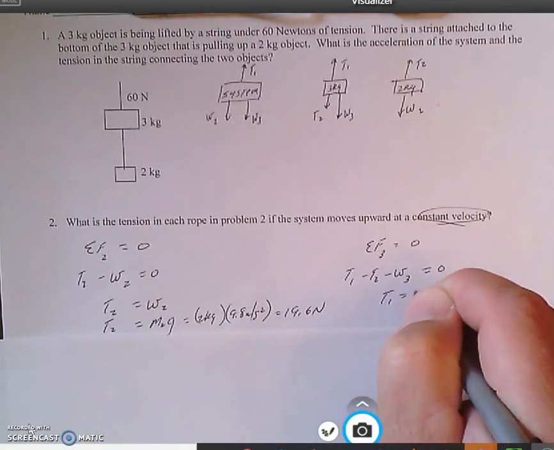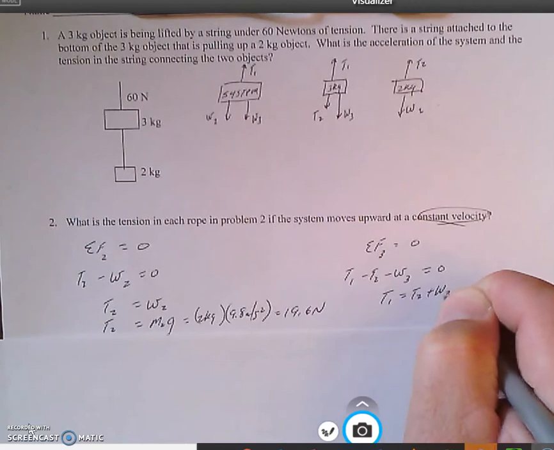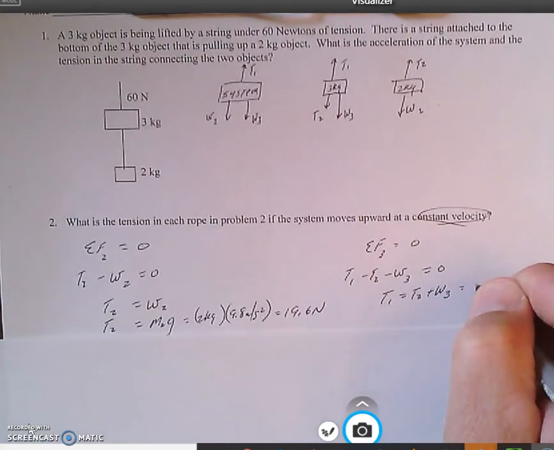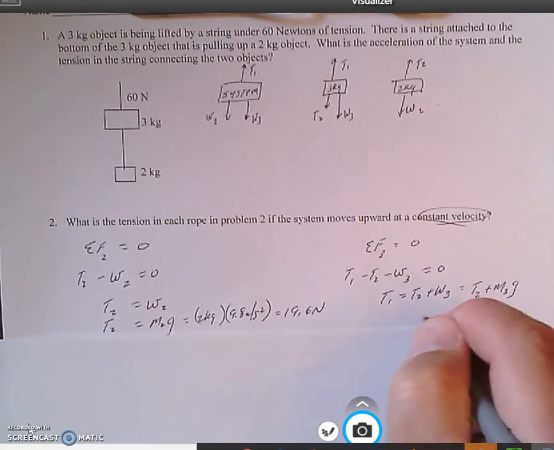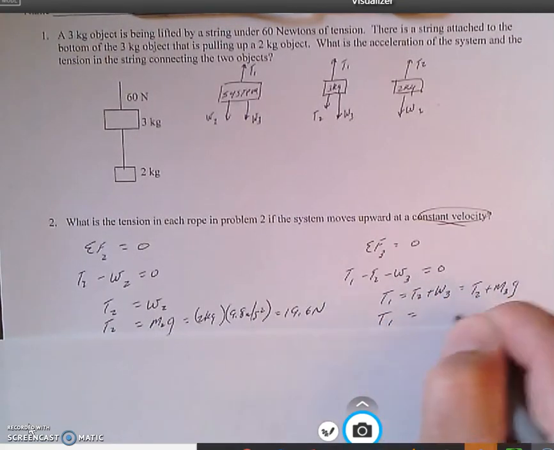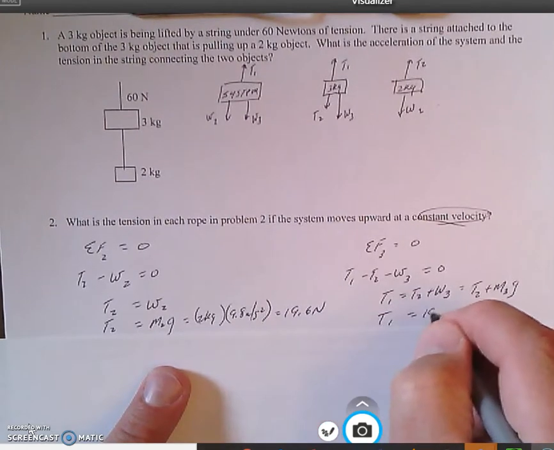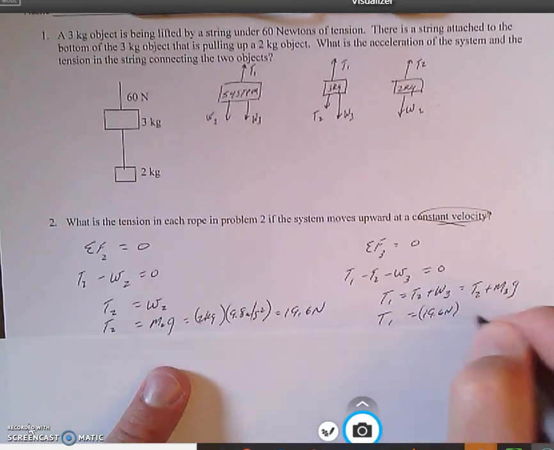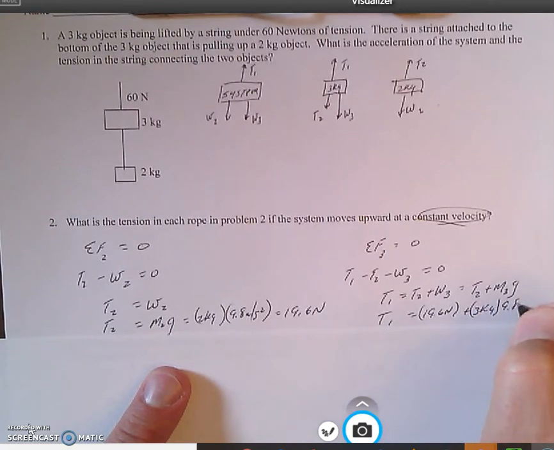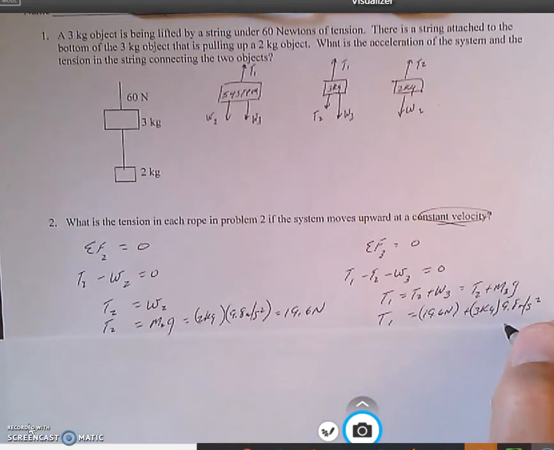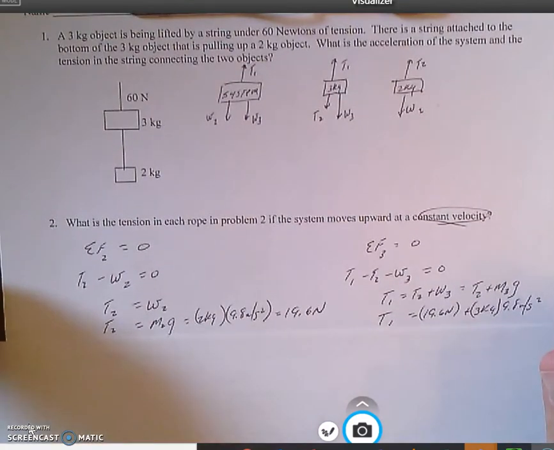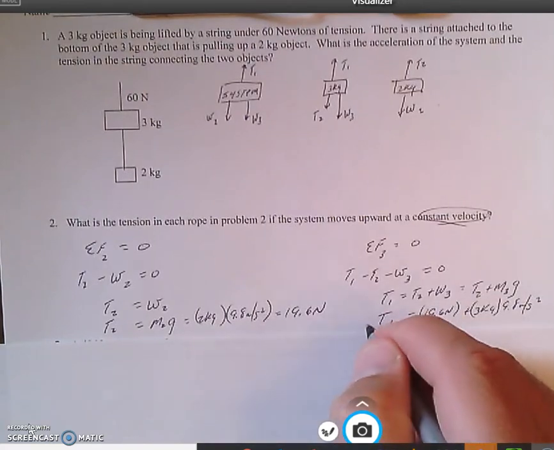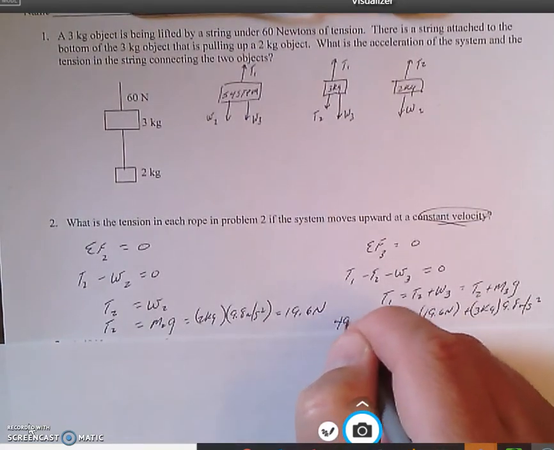So T1 is T2 plus the weight of the 3 kilogram object, which is T2 plus M3 times G, or T1 is equal to T2, 19.6 newtons, plus 3 kilograms times 9.8 meters per second squared, which would be 49 newtons.